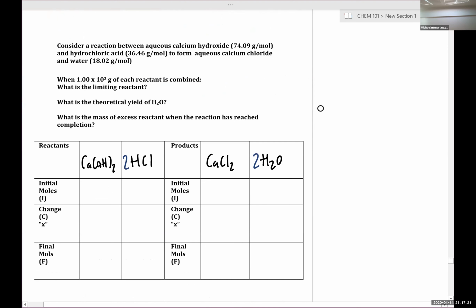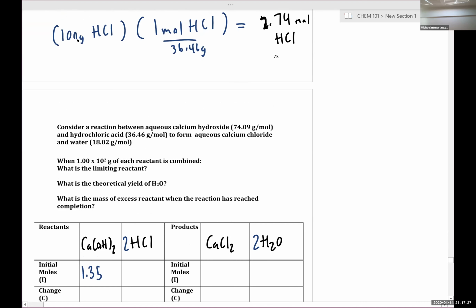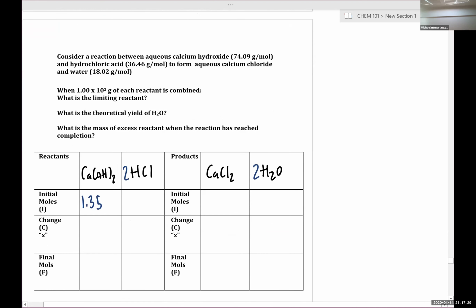So initially, we have 1.35 moles of calcium hydroxide, and we have 2.74 moles of HCl. Does this make sense? Does everyone understand where we got these numbers from? Does everyone understand where we obtained our balanced equation from? Are there any questions at this point?